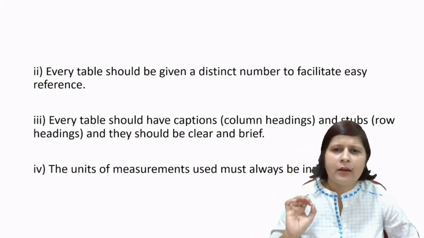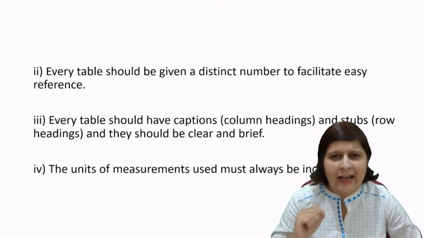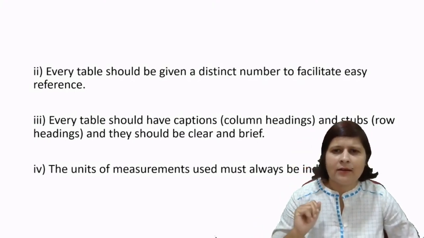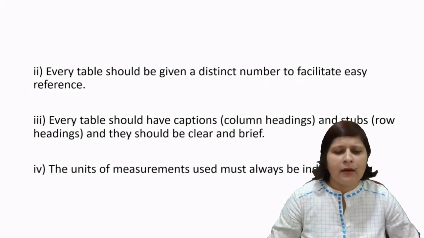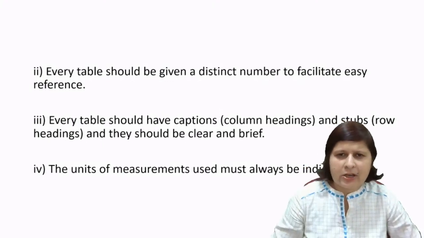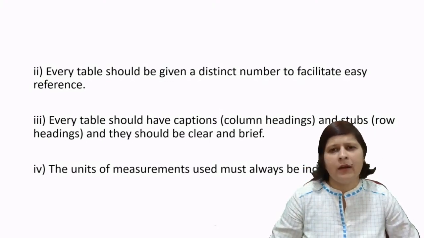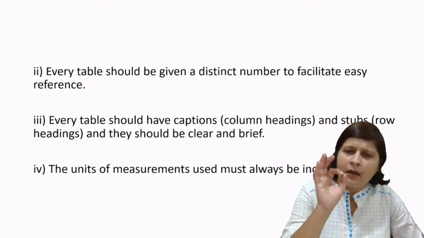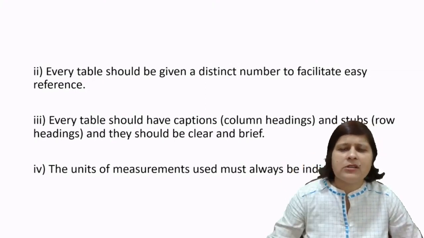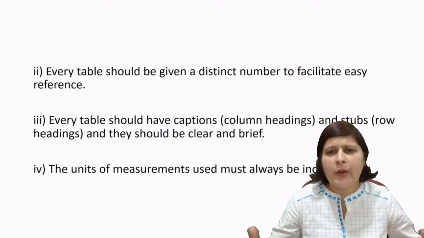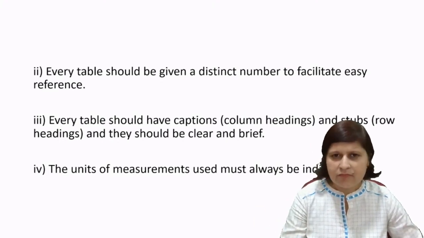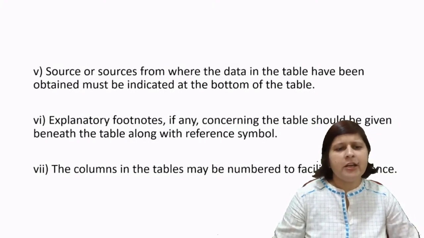Like if you are measuring height, whether it is in centimeters or in inches, it should be mentioned in the table, or whether the weight is in kilos or pounds, right?